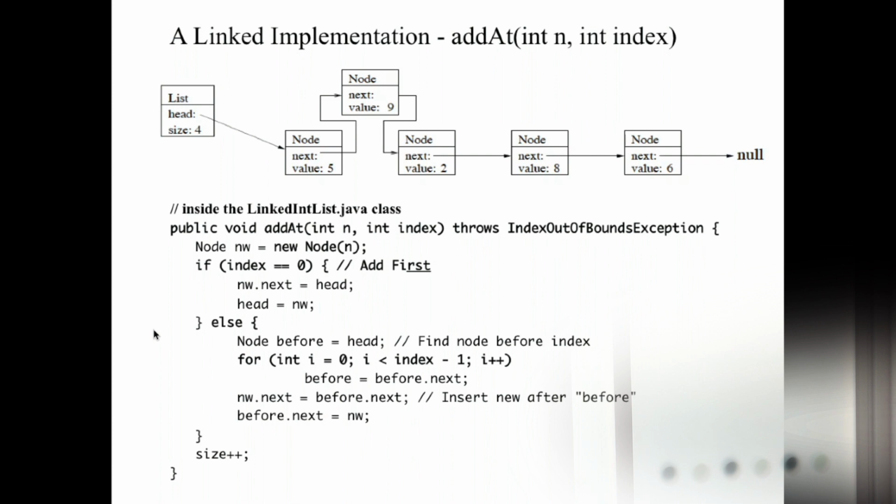Okay? So, in addAt, we check if the index position is equal to 0. It could be that the user decides to add at the beginning of the list. In that case, you need to assign the new element to the head. Head will become the new node.